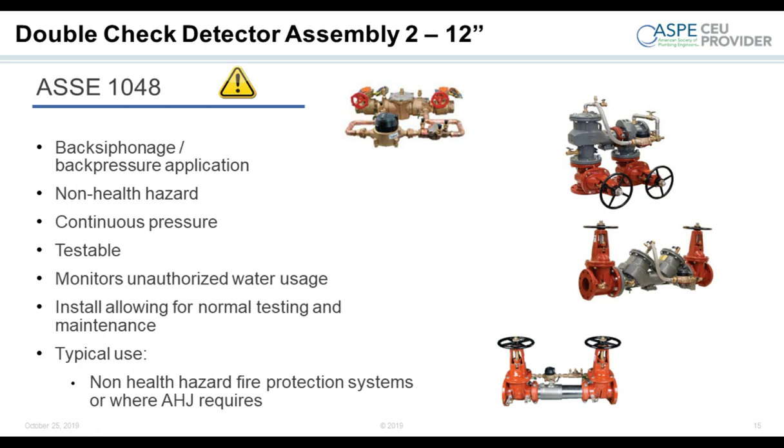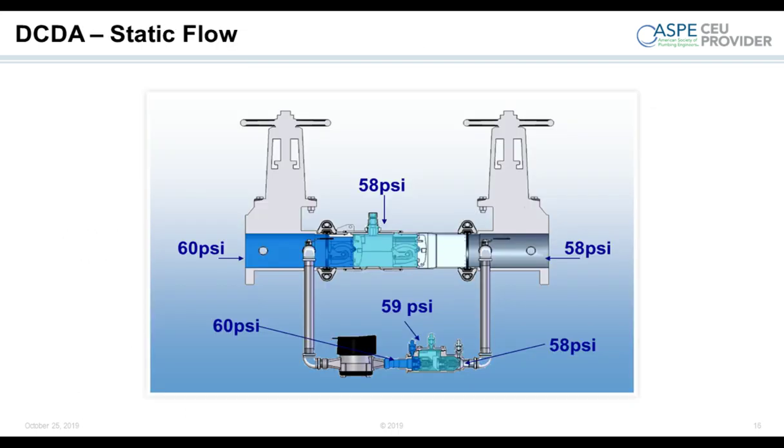You don't see a lot of small diameter fire connections. It also becomes very difficult to put a bypass on a very small valve. Otherwise, they're almost exactly the same as a double check with the addition of that bypass to monitor for unauthorized water usage. The hydraulics are a little bit different, so let's take a look.